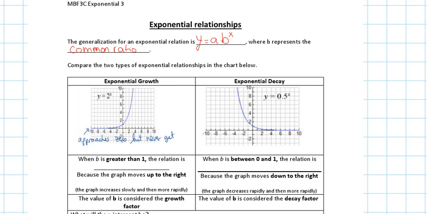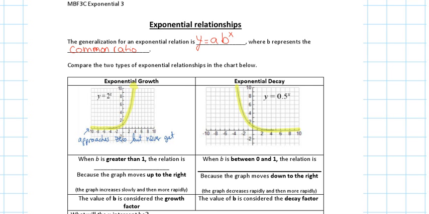It's horizontal and then increases fast, so that's why it's called exponential growth. The one on the right starts by decreasing fast, then flattens. That's why it's called exponential decay.